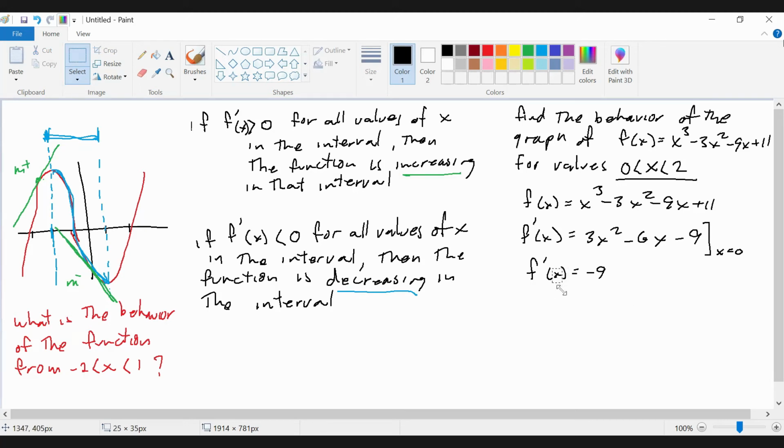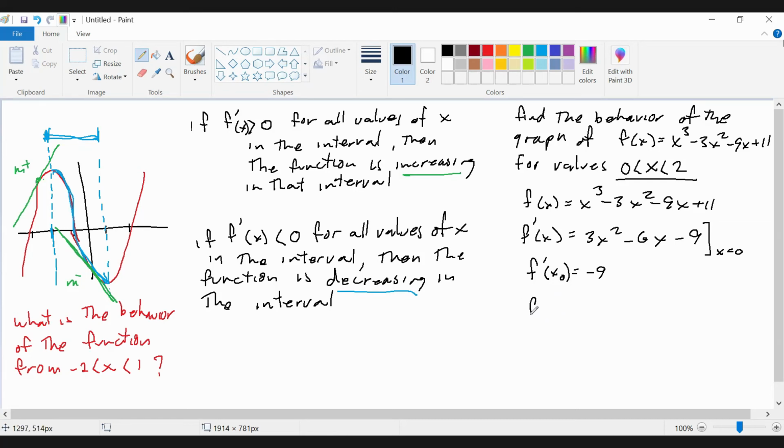You can write it as f prime of 0, or you can also write it as f prime of x at 0. Whatever is more familiar. I think my teacher used these notations before. Okay, the value of x is 0.